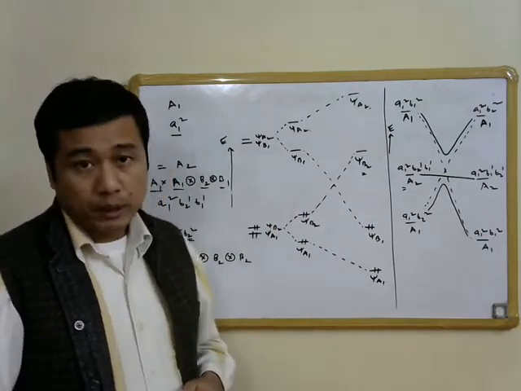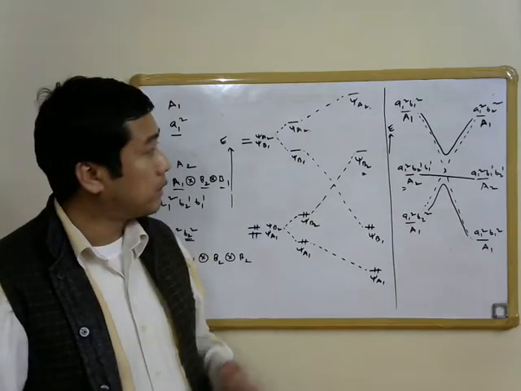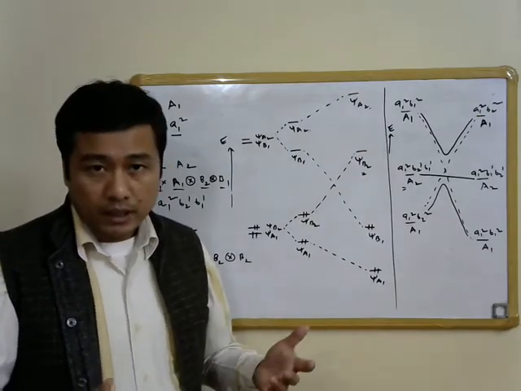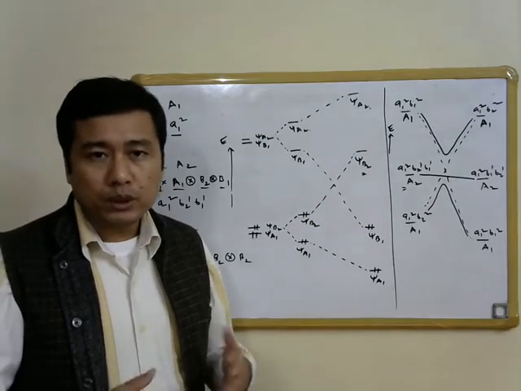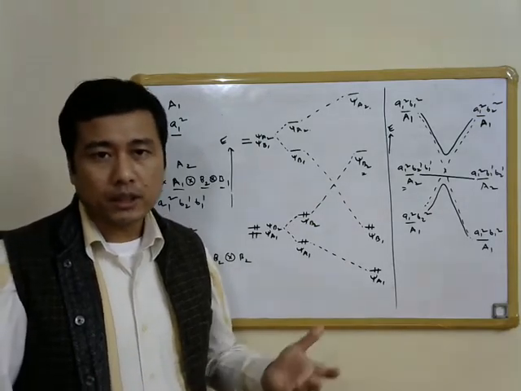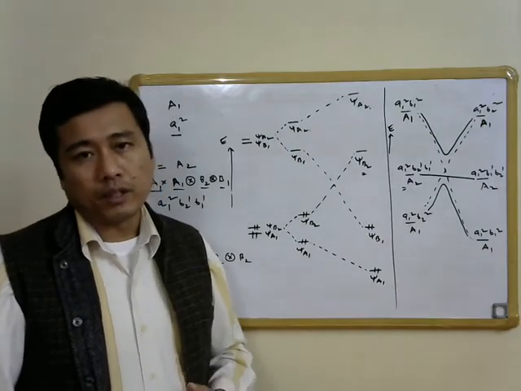So this brings us to the end of this lecture. What we have learned during the last lecture as well as this one is how one can use symmetry considerations to understand the feasibility of a particular reaction.